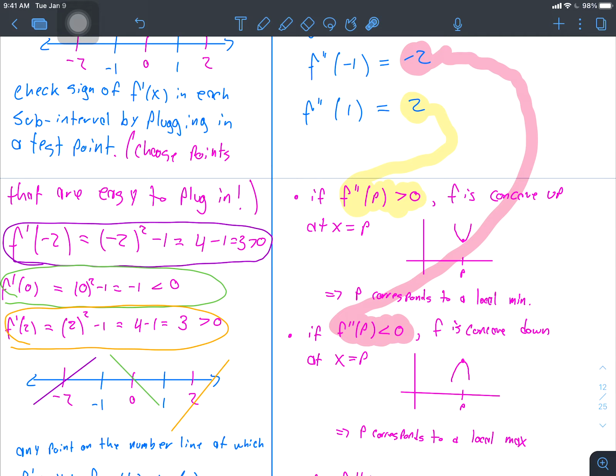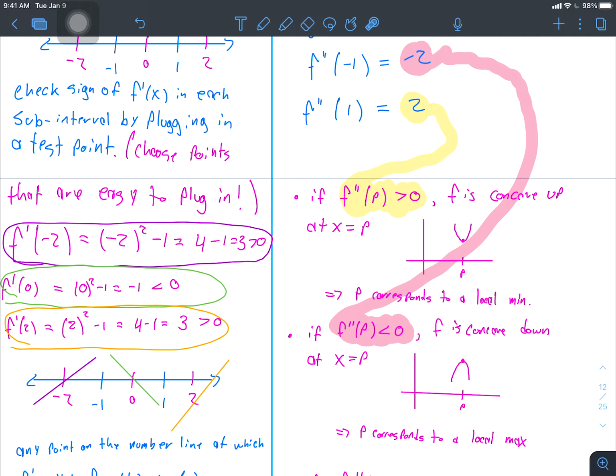Yeah, Brendan. So for the first derivative test, you took the original function, found where it equals 0 or where it does not exist, and then based on those values, you plot them on the number line, and then you plot nearby points to determine whether the function increases or decreases within the subintervals.